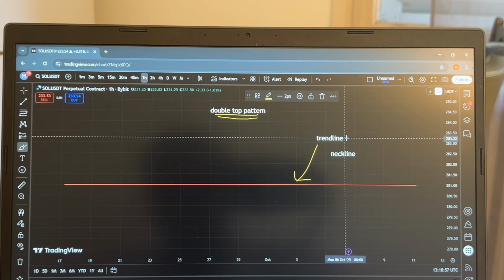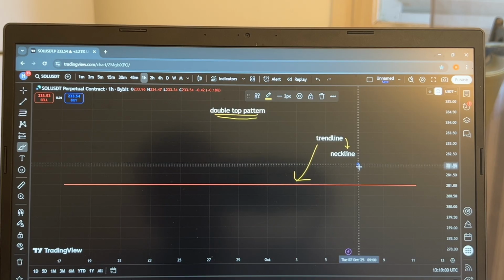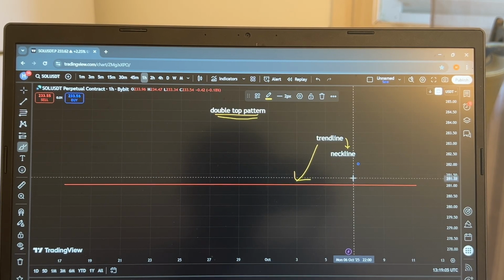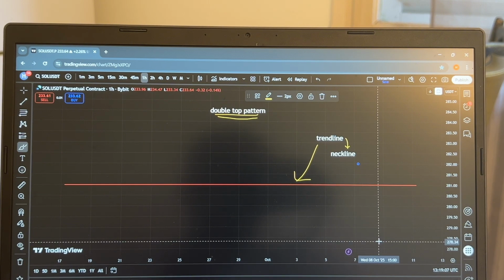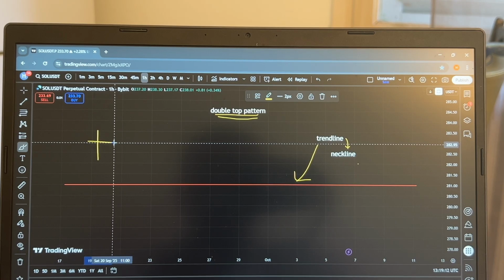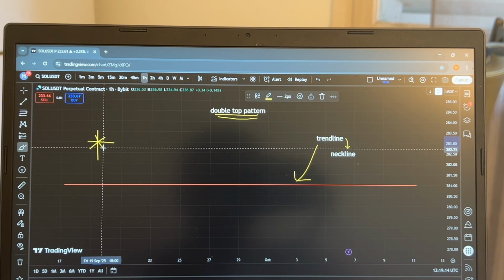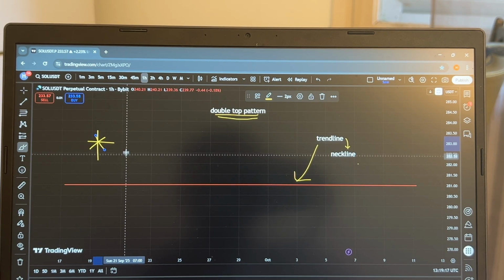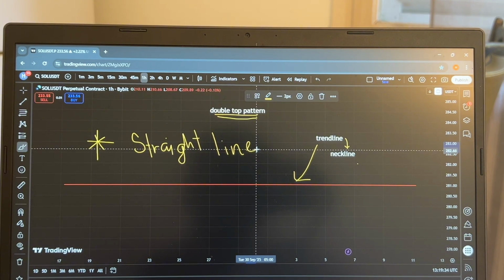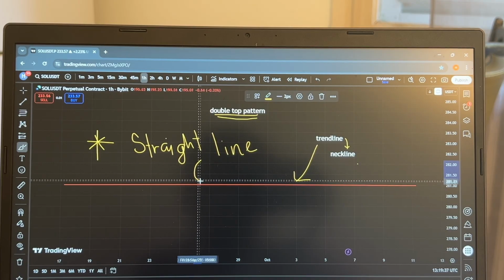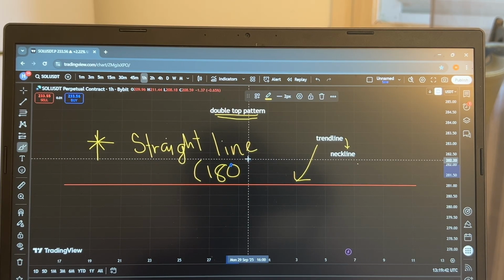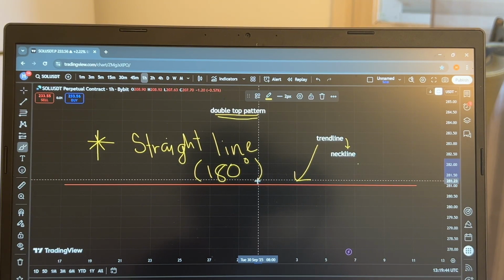This equals the neckline. It's just the same thing, but you use a different name for this trend line. And as additional information regarding this trend line, it should always be a straight line, which means it should always be 180 degrees. Always keep that in mind because that is crucial.